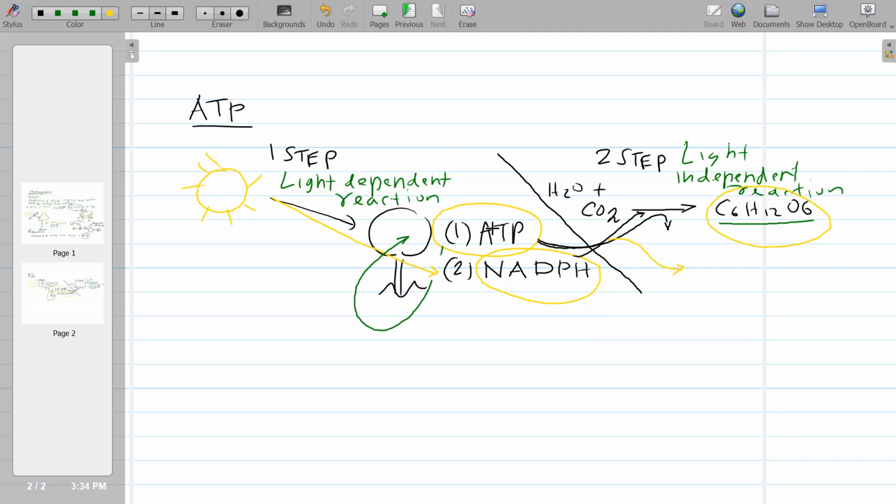So assuming 100 arbitrary units are contained in these two molecules, and then it produces a glucose molecule, it's very unlikely the same amount of energy is moving to glucose. Because of the energy transfer efficiency, it is always less.